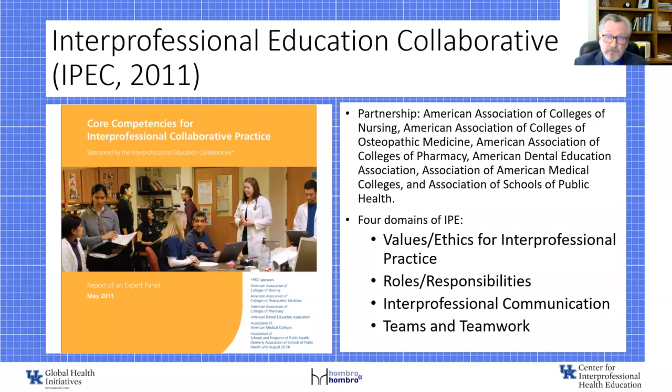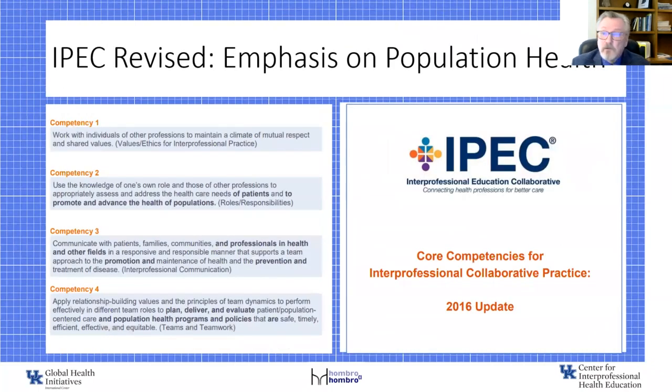Next slide, please. This was followed up more recently in 2016 by an update. Basically, the competencies are the same. You see the first one, which is values and ethics, followed by roles and responsibilities, communication, and teams and teamwork. But it was done to make it more inclusive of not just the health professionals that typically deal with illness and wellness, but to include populations.